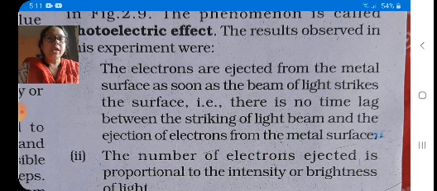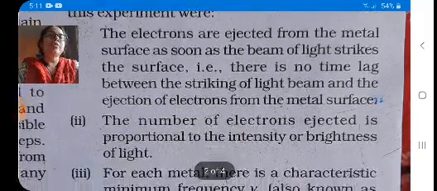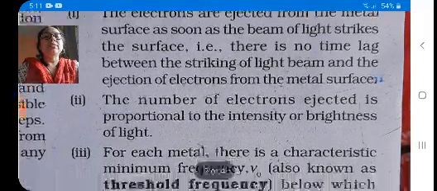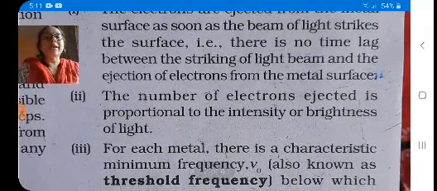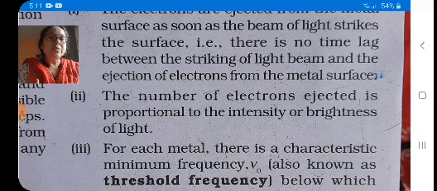There is no time lag between the striking of the light beam and the ejection of electrons from the metal surface. So this happens immediately.